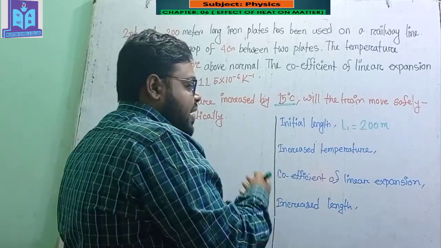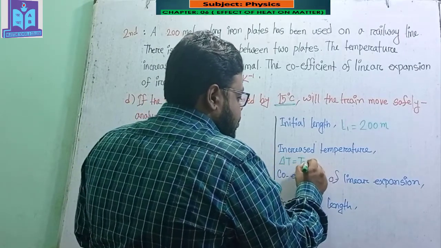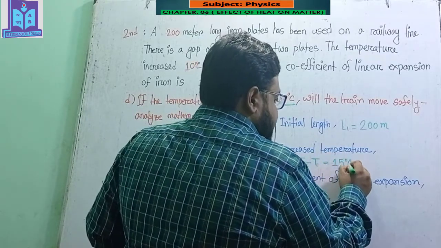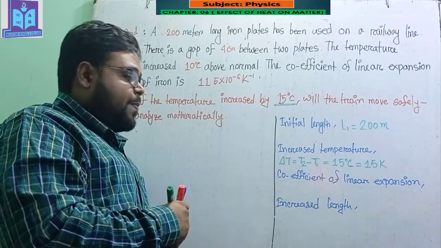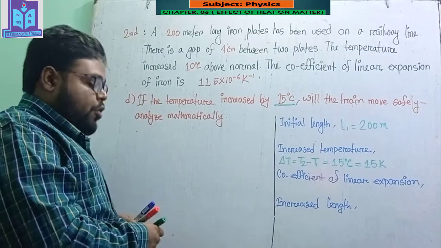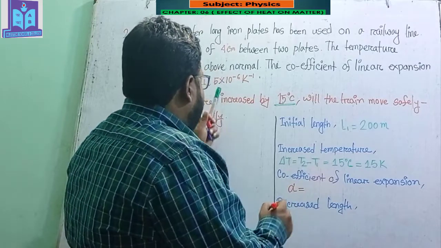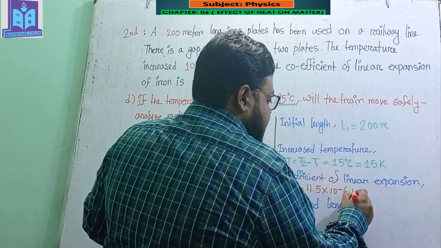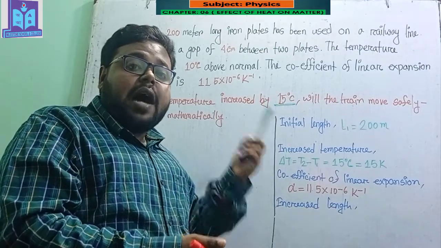I can write the increased temperature del T equals T2 minus T1 equals 15 degrees Celsius or 15 Kelvin. And the coefficient of linear expansion of iron is alpha equals 11.5 into 10 to the power minus 6 per Kelvin. And I want to find out the increased length of the iron plates.